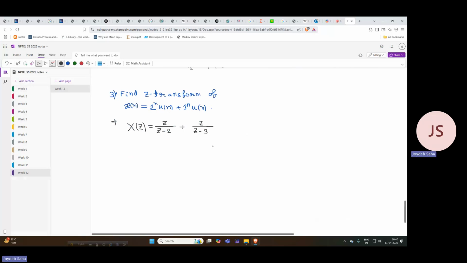Okay, so what will be the ROC of the signal? We can write it like this also: over z minus 2 multiplied with z minus 3, it is z multiplied with z minus 3 plus z multiplied with z minus 2.